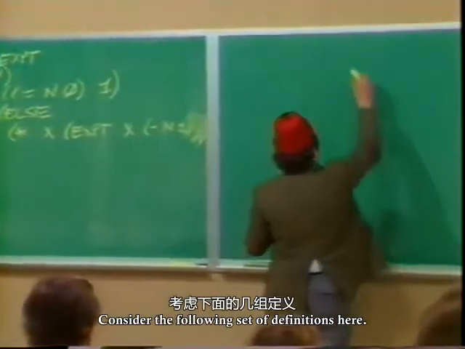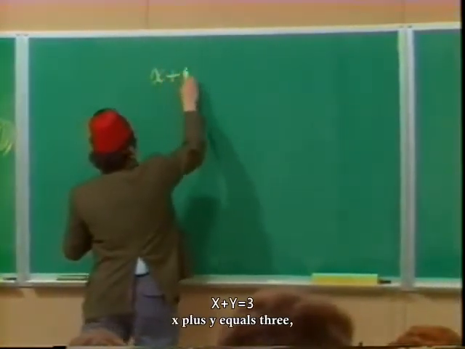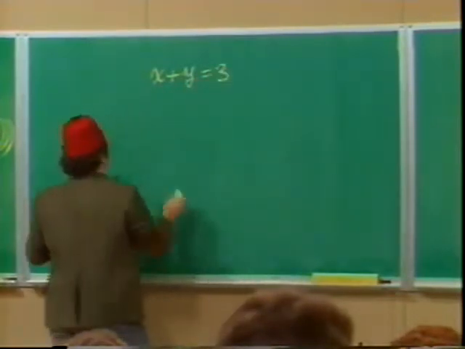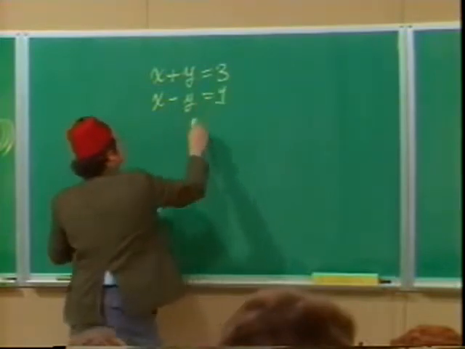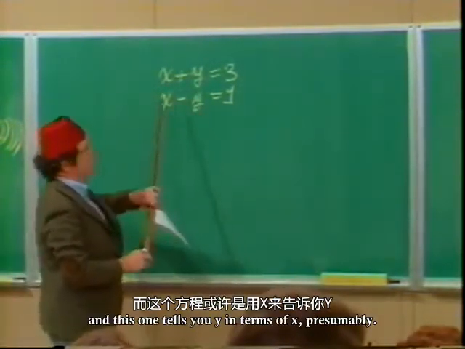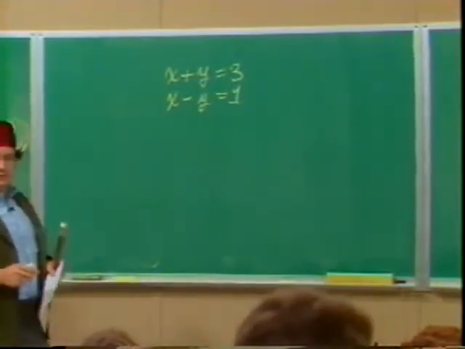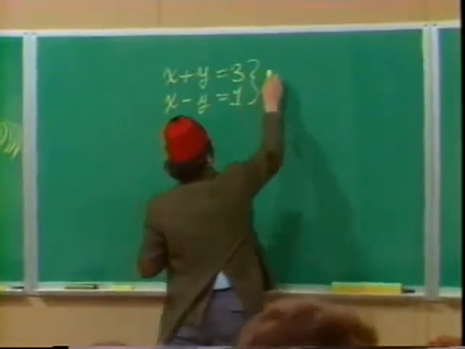Consider the following set of definitions here. x plus y equals 3, and x minus y equals 1. Well, gee, this tells you x in terms of y, and this one tells you y in terms of x, presumably. Okay? And yet this happens to have a unique solution in x and y.